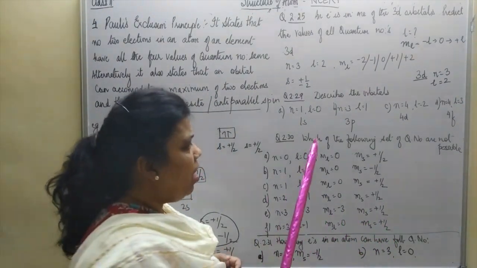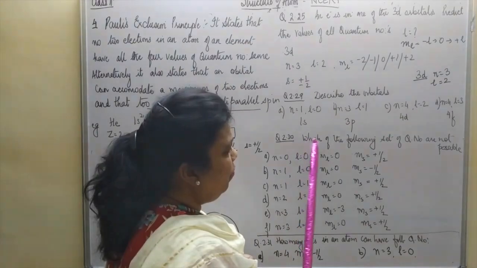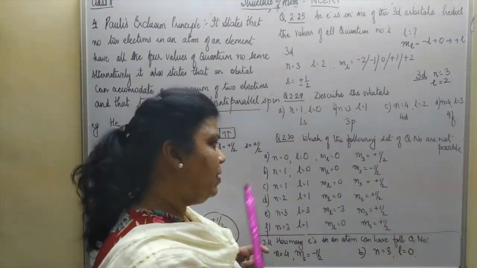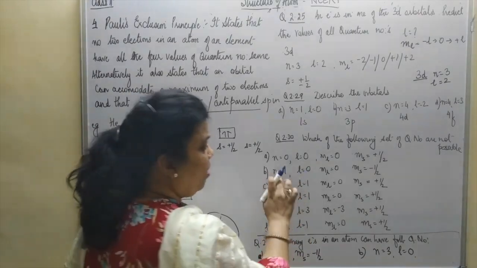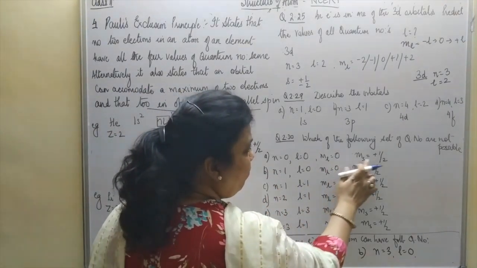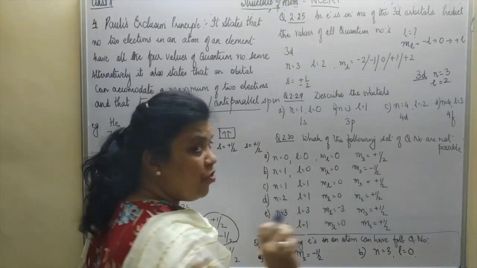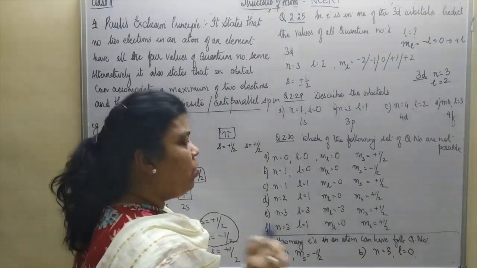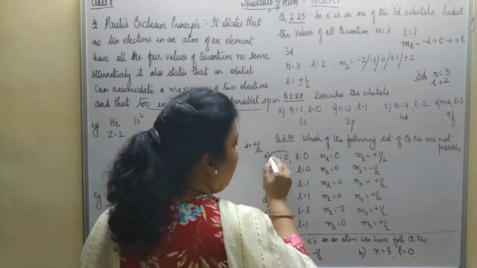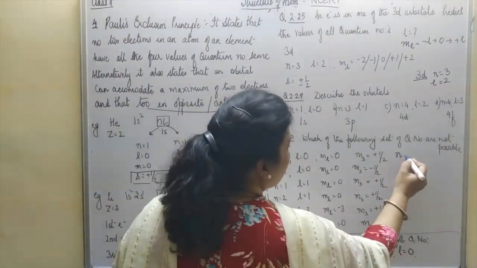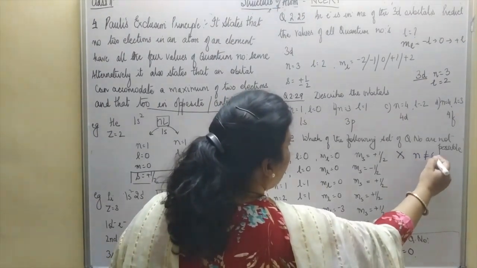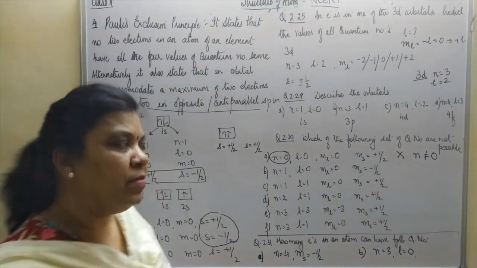So this is how this information will tell you about the type of subshell in which the electron is present. Now question number 2.30: which of the following sets of quantum numbers are not possible? Let us look at the values of all four quantum numbers and see which value is wrongly given or not possible. In the first set, n equals 0 is not possible, so this set is wrong since n can never be equal to 0.